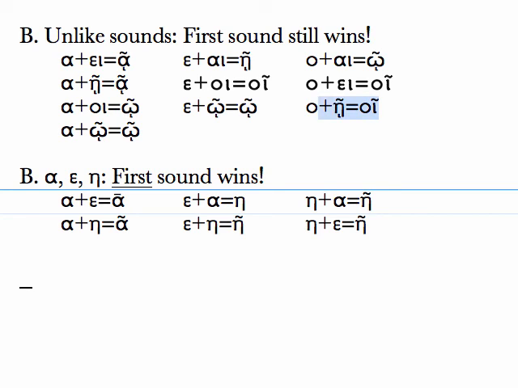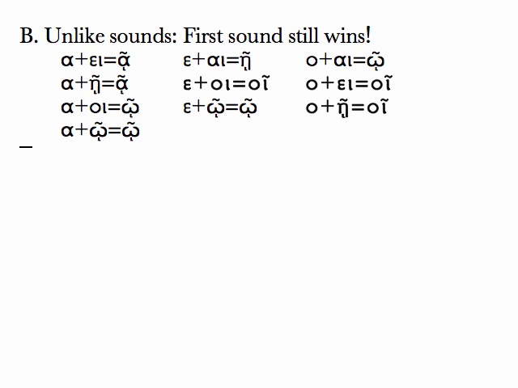Super oi, again. This is very counterintuitive. The thing to remember is just Greek pays attention to sounds quite often, and eta and epsilon are so similar that when they're both combined with omicron, they render the same sound, oi. And there's really not much more to it than that.